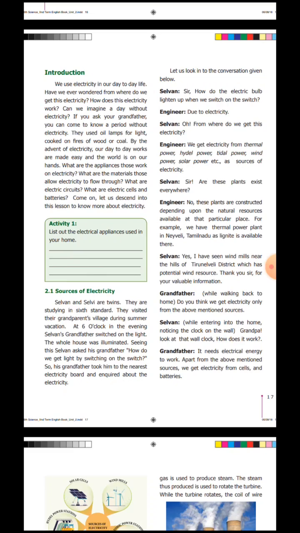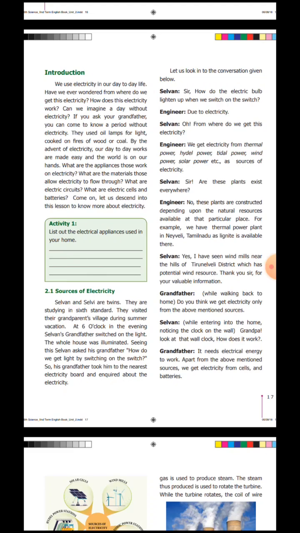The whole house was illuminated. What is the meaning of illuminated? Brightened. Seeing this, Selvam asked his grandfather, how do we get light by switching on the switch? His grandfather took him to the nearest electricity board and inquired about the electricity. This is a small conversation discussed in your book about the sources of electricity.